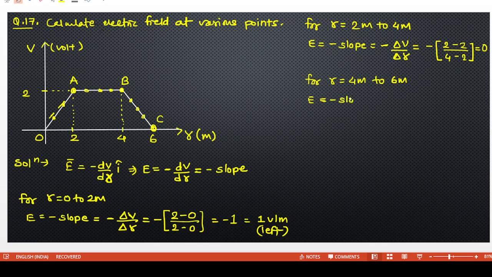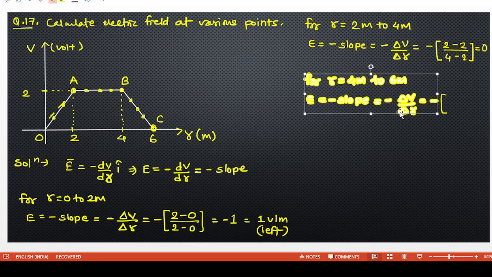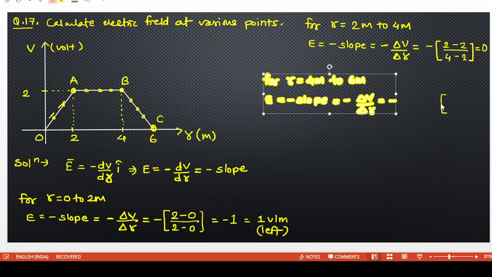It is the negative of the slope, means negative of delta V by delta R. Total change in potential means final potential minus initial potential.